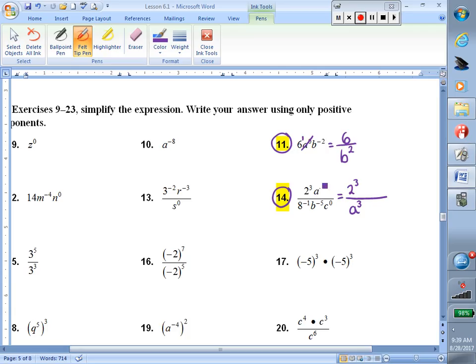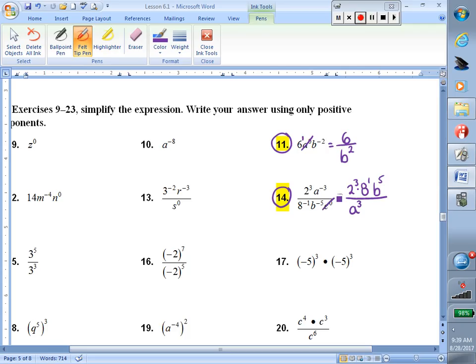Now as I look to the denominator, I have 8 to the -1st. It has a negative exponent, so I need to move it up to the numerator. B to the -5th has a negative exponent in the denominator, so I need to move it up to the numerator. C to the 0 is just 1.